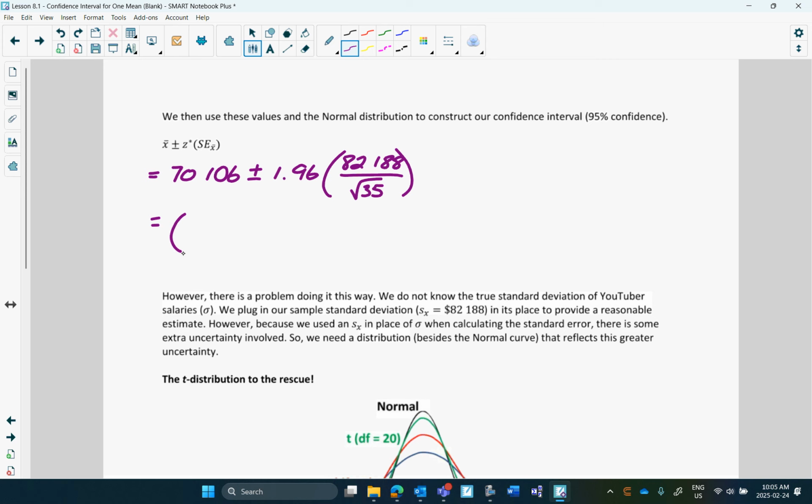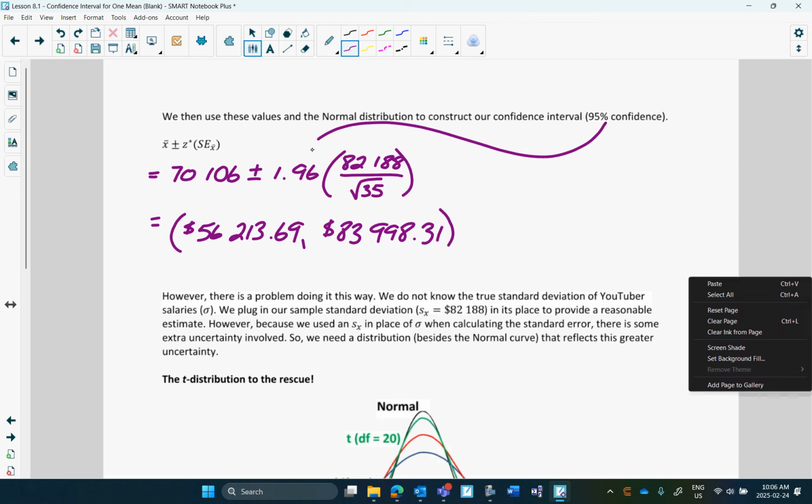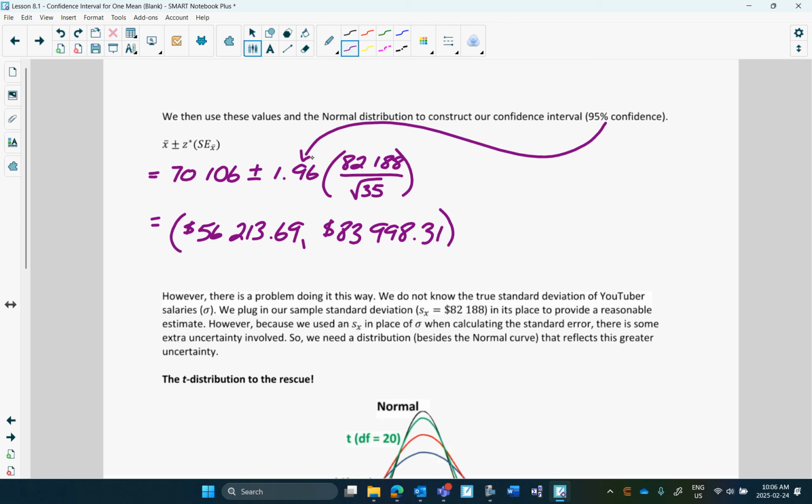I'm just going to go straight to the answer: $56,213.69 at the low end to $83,998.31 at the high end. So that's our confidence interval. That's where we got the 1.96 from.